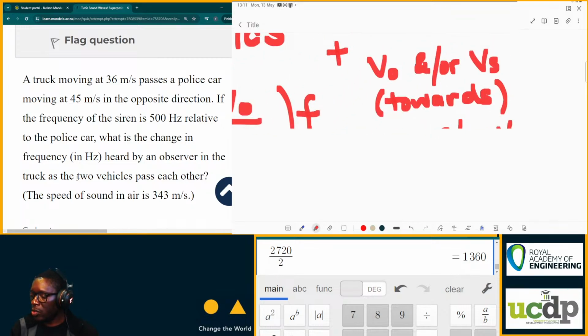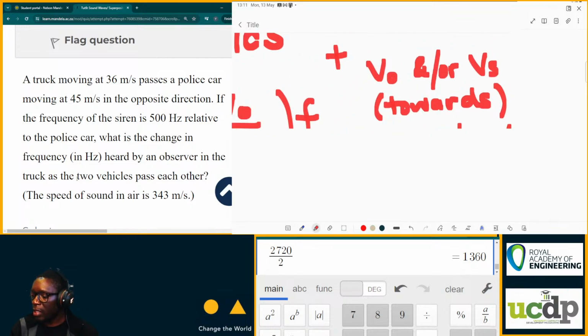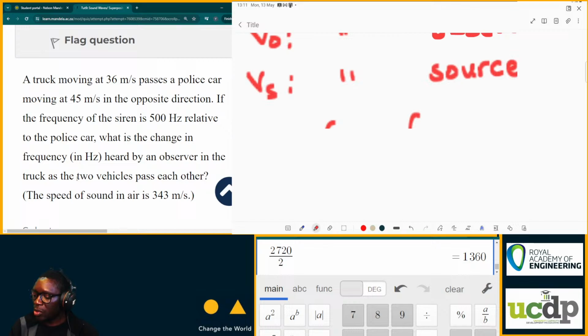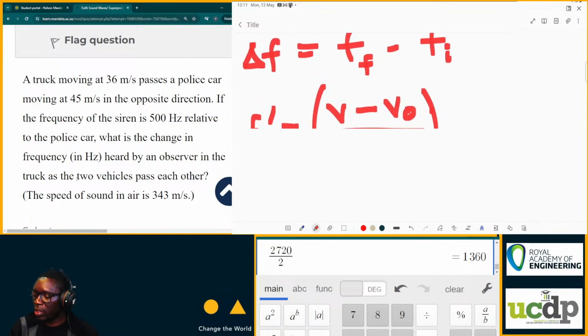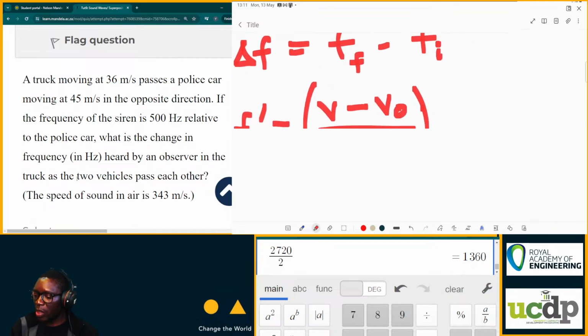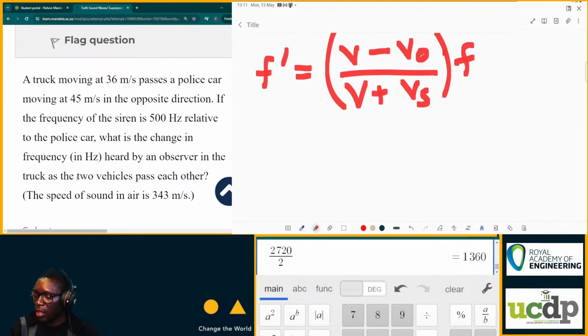If the two are moving away from each other, then we have negative values for VO and VS. So if we apply negative values there to the initial equation, that is what we should get. And therefore we have 343 minus 36 over 343 plus 45.